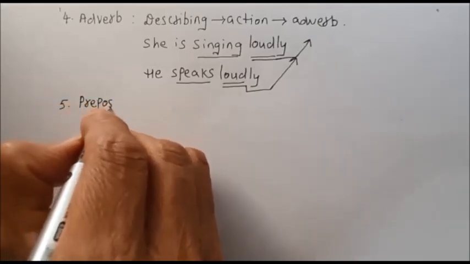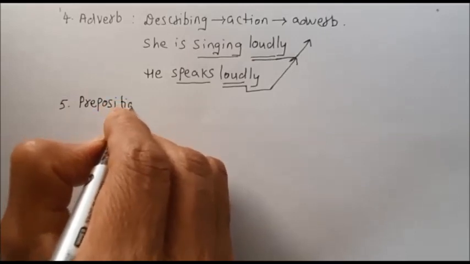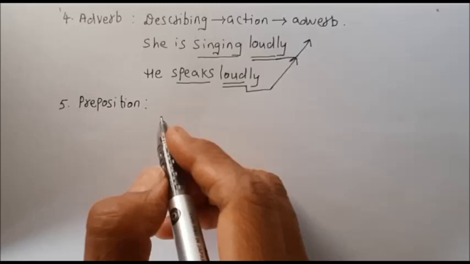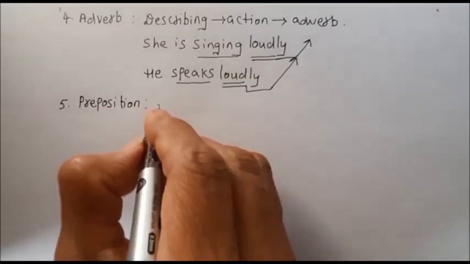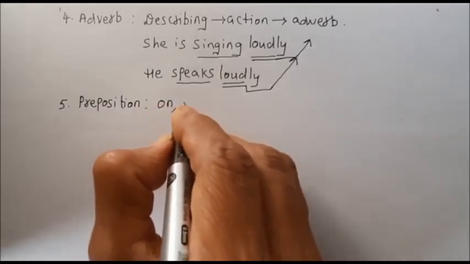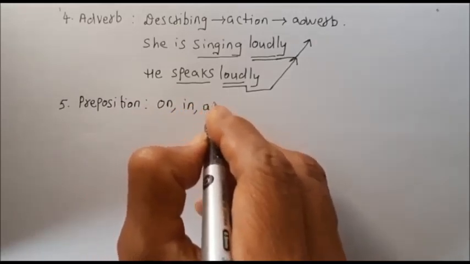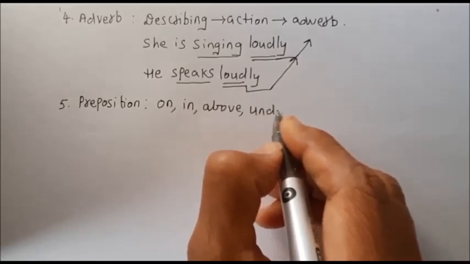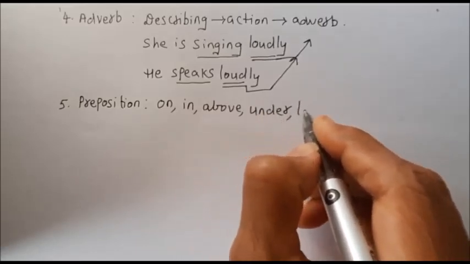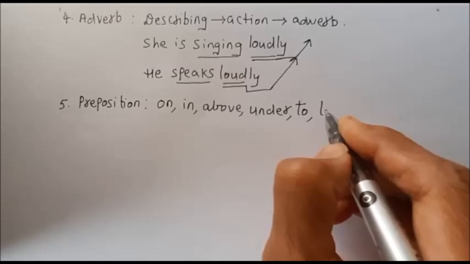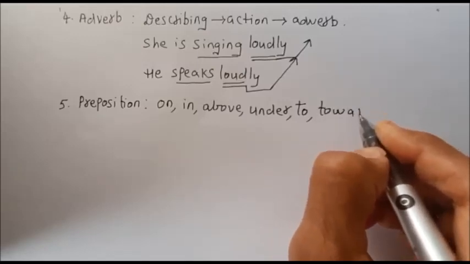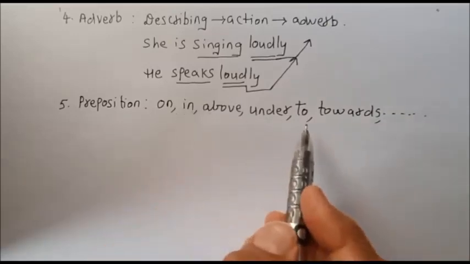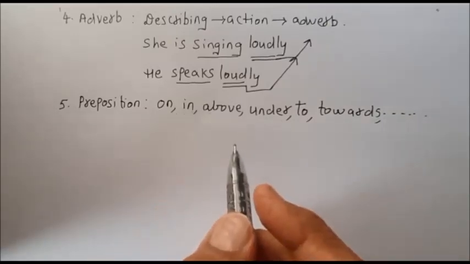Now, what do you mean by preposition? Just take it this way. Words like on, in, above, under, to, towards, very many, right? Etc. These are all termed as prepositions.